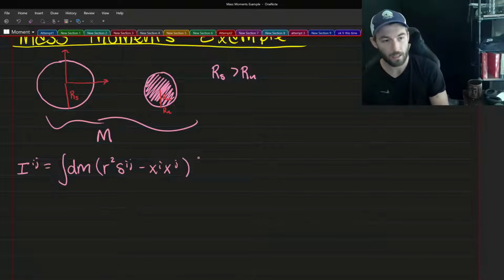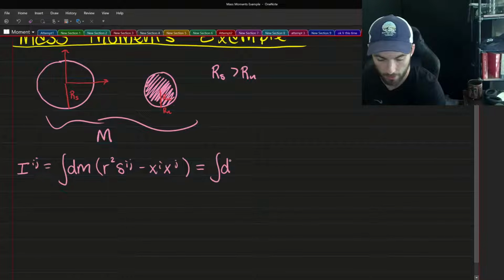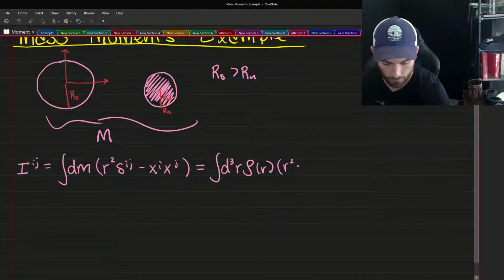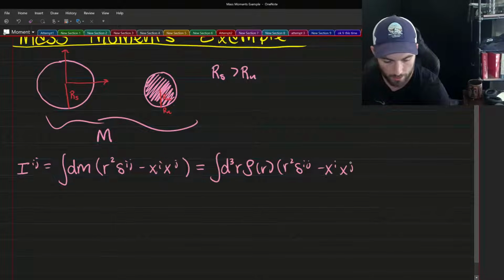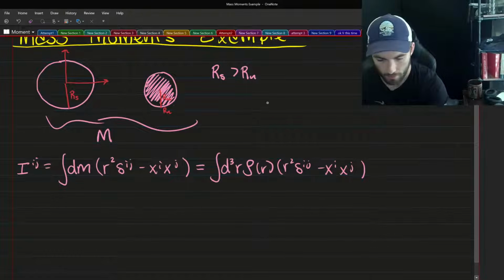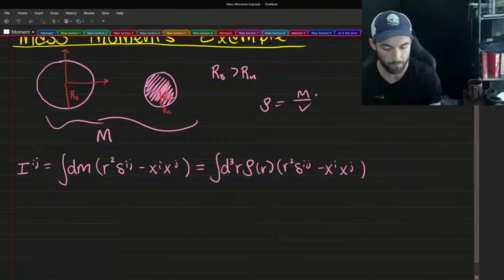But more often than not, what's expressed instead is the integral d3r times rho of r, r squared delta ij minus xi xj. The reason these two are the same is because density is mass over volume, right?